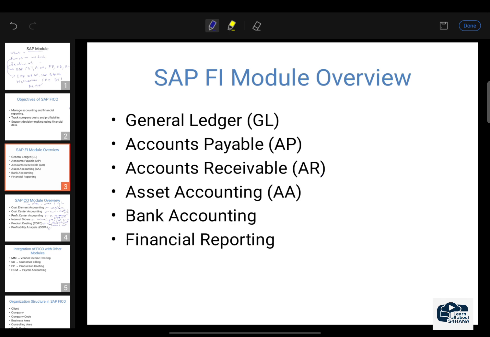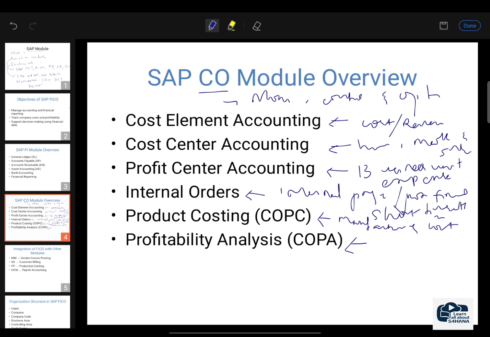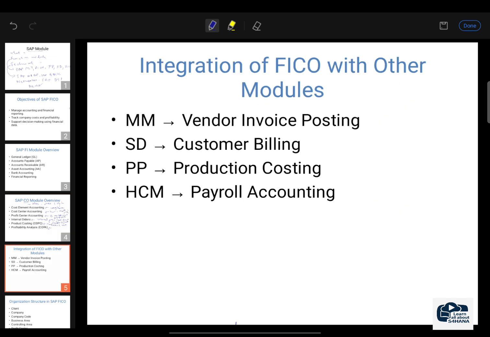That means the financial accounting and the cost controlling modules we have seen in the last three videos. I'm going to paste the link in the description. Please have a look and come to this video, so you will get an overview of what a module is, what FICO is, and the next topic we're going to see today is the integration of FICO with the other modules.